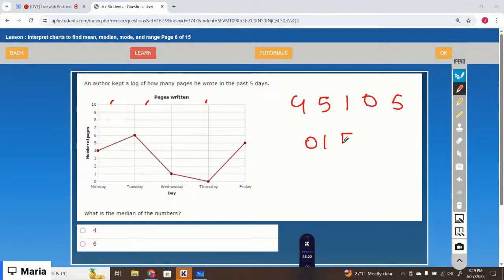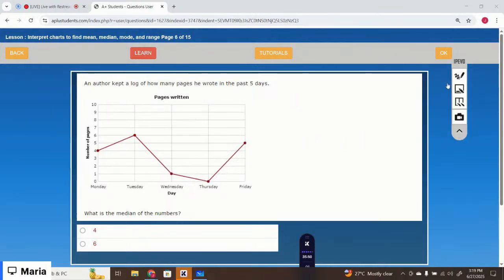Let's arrange them in order: zero, one, four, five, and five. Median is the number that is exactly in the middle of the data. That is correct. Four is the median.